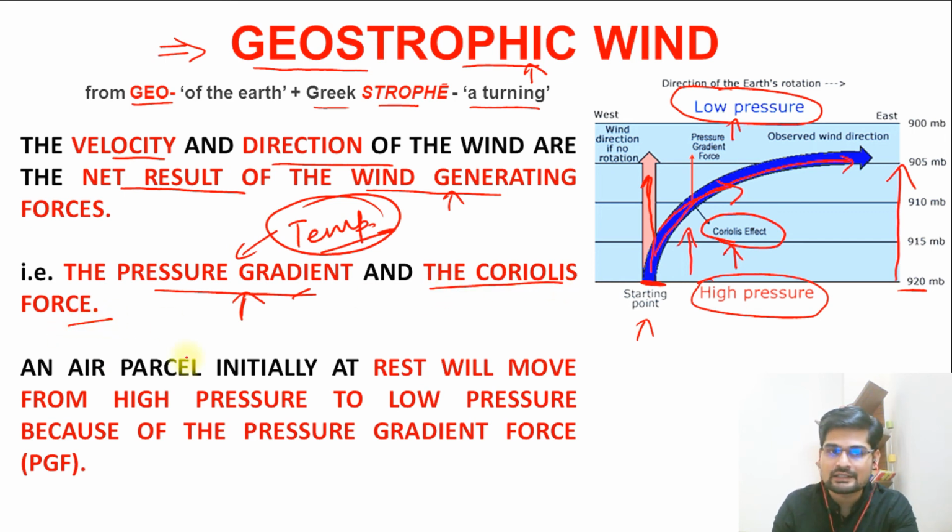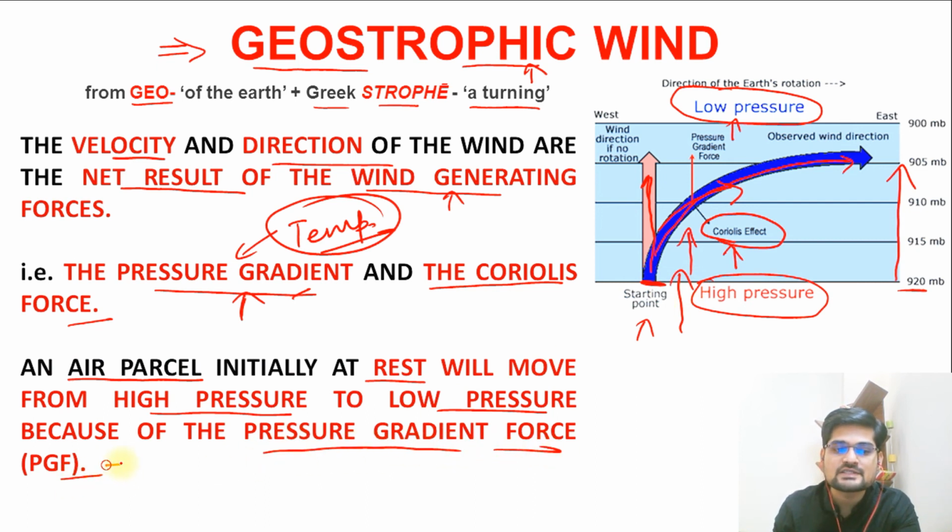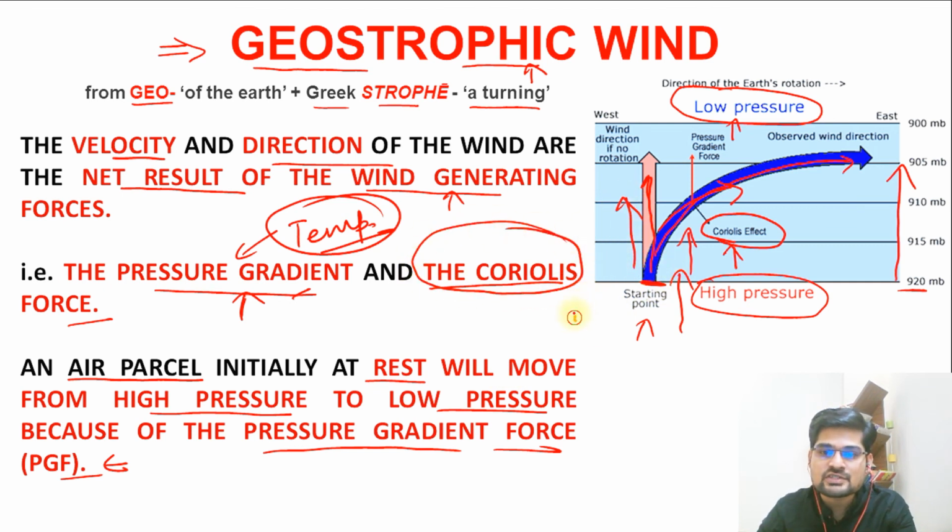Now remember one thing, that an air parcel initially at rest will move from high pressure to low pressure, as in this case we see, right? Because of this pressure gradient force, which we say PGF. And when it moves like this, there is an impact of Coriolis force, because of which it turns as well. And that is where the turning factor leads to the creation of the geostrophic wind.